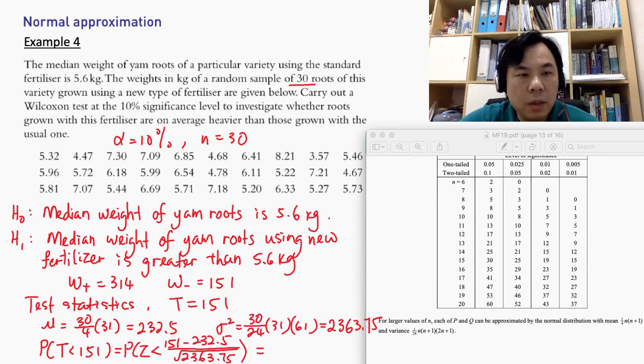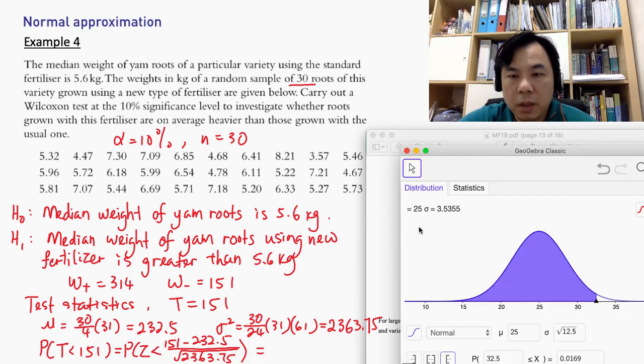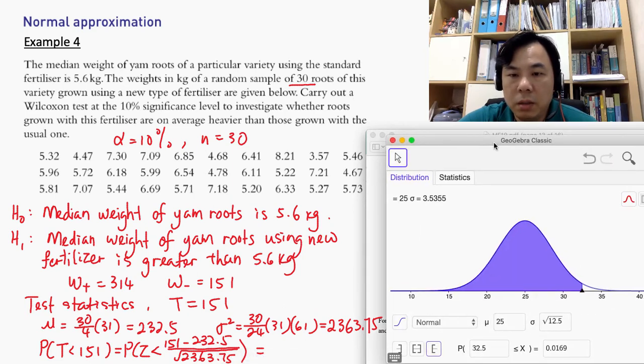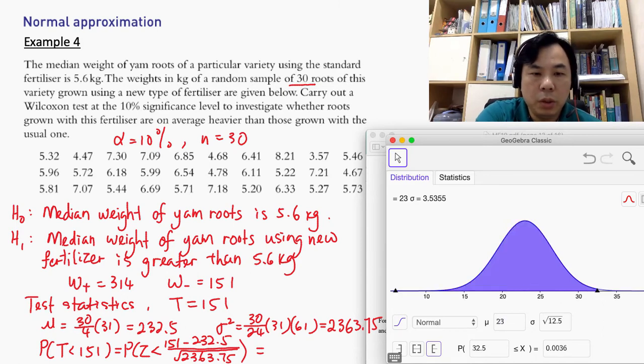Now if you actually calculate that, let me get my calculator here. This is a normal distribution. The mean is 232.5.